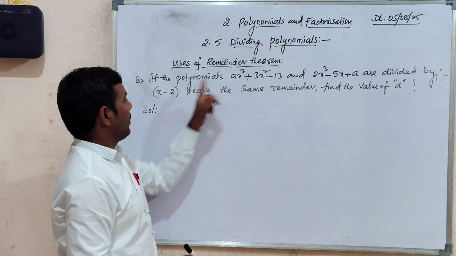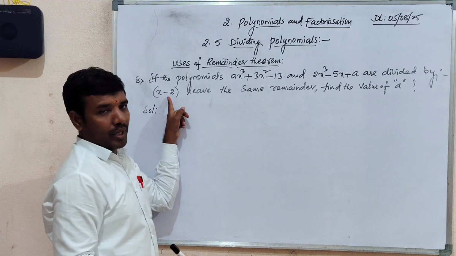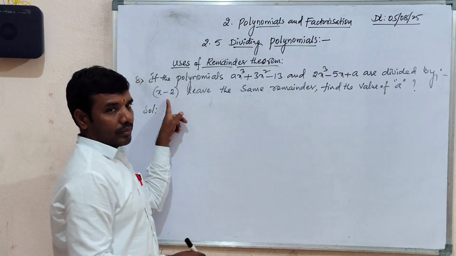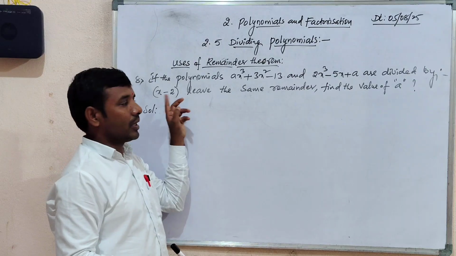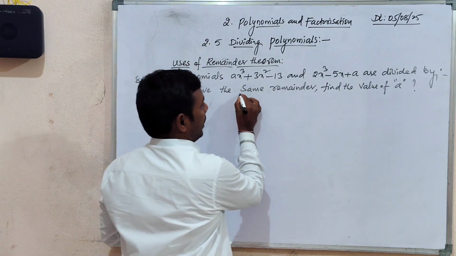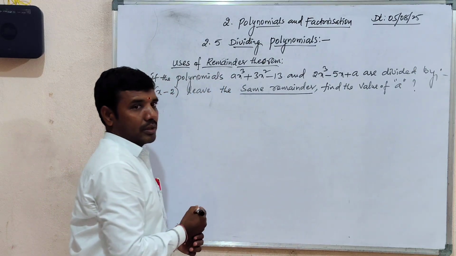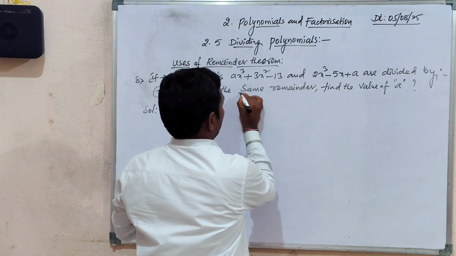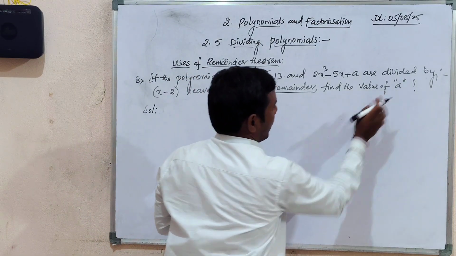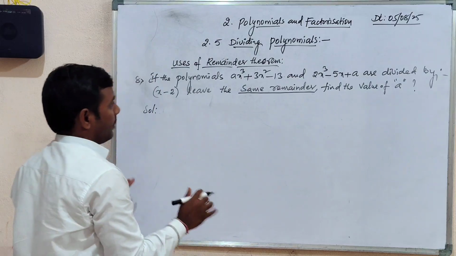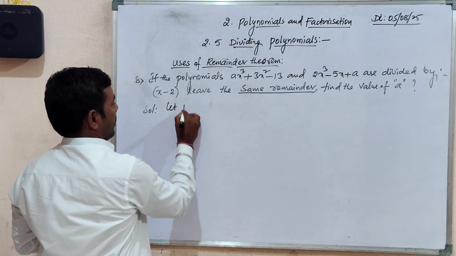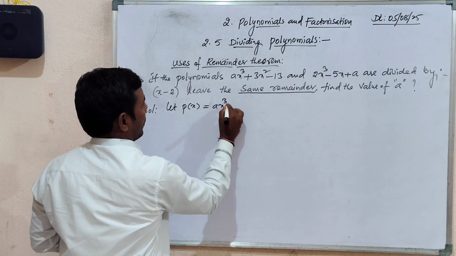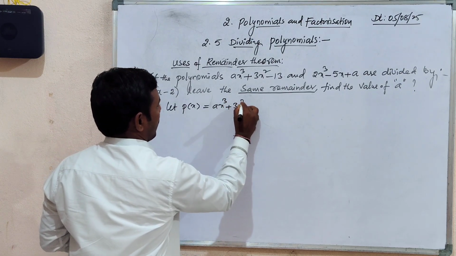When it is divided with this, you will get a certain remainder, and when this is divided with the same, you will get another remainder. But the thing is, both remainders should be the same. By this condition, by this logic, we have to find a. So let us see. Now let P of x be equal to ax cube plus 3x square minus 13.